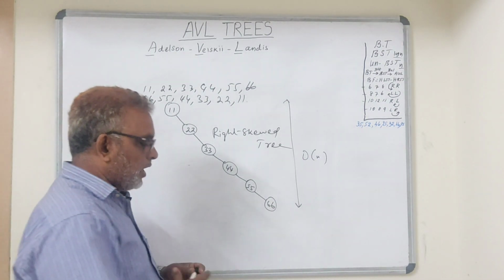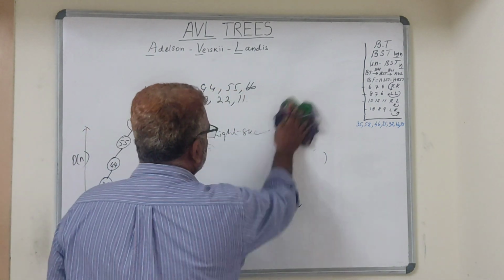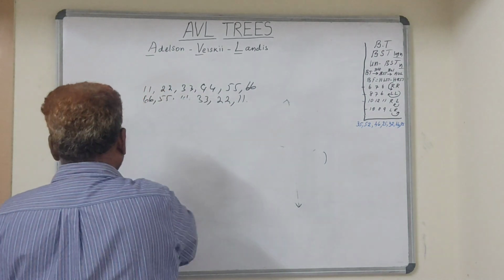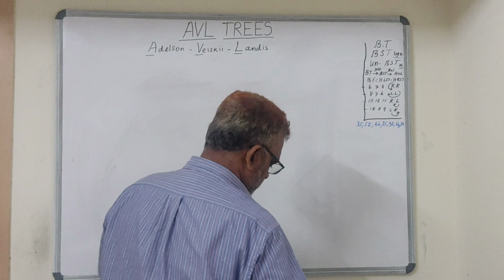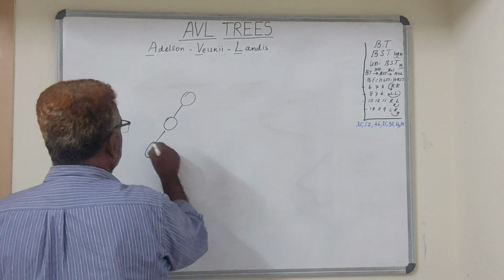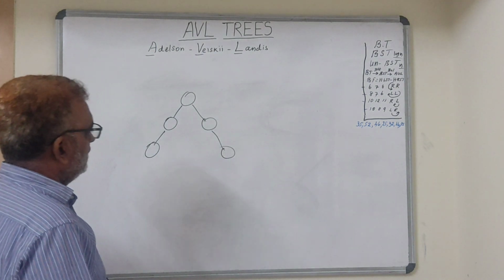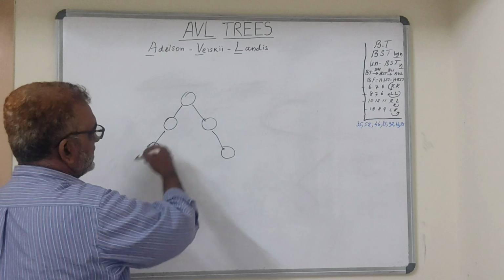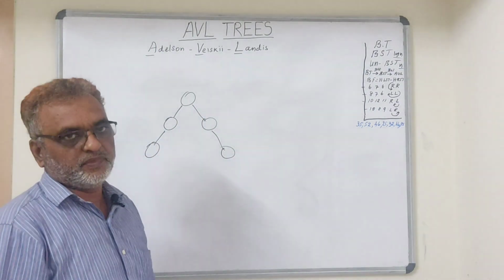Okay, how do we balance these skewed trees? Let us consider an example of a binary search tree, in which on the left-hand side you have 2 nodes and on the right-hand side you have 2 nodes.